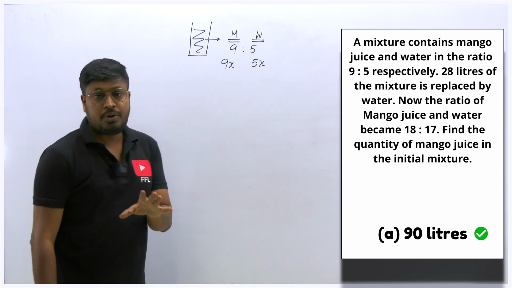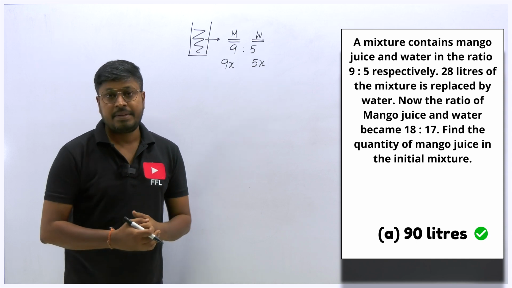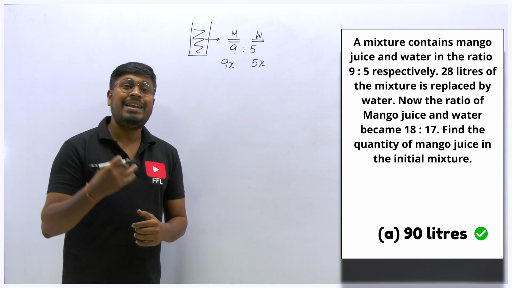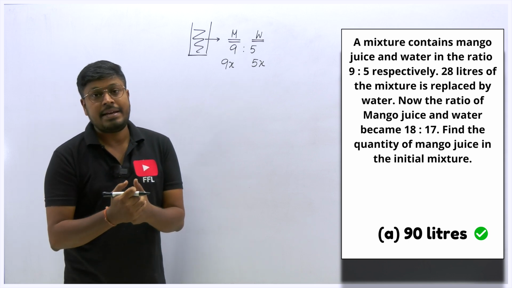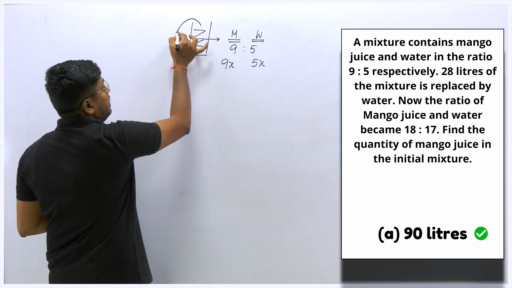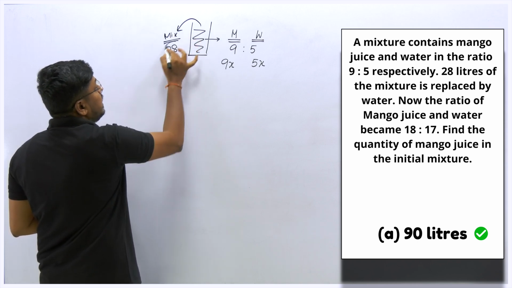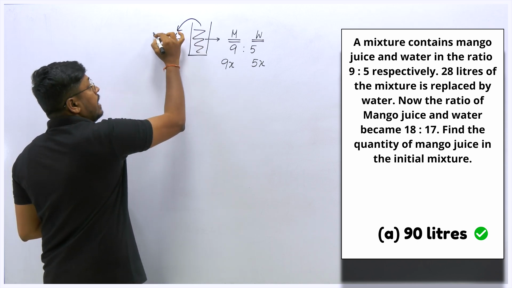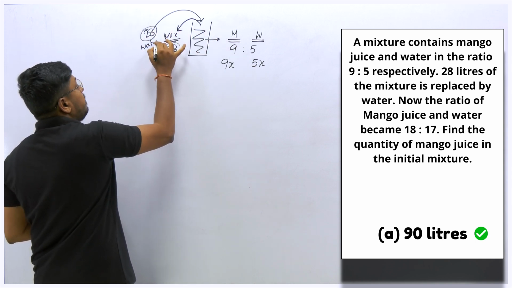So now what they are doing is, 28 liter of mixture is replaced by water. So they are adding 28 liter of water into the mixture by replacing 28 liter. That means they are taking 28 liter outside from the mixture, and they are adding 28 liter of water to the mixture.